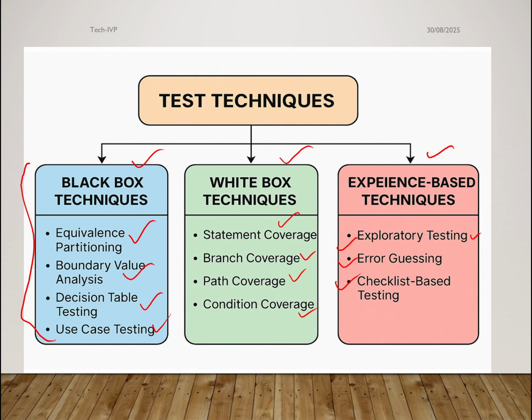So these are the basic three techniques: black box, white box, and experience based. Black box is equivalence partition, boundary value, decision table, and use case. White box is statement coverage, branch coverage, path coverage, and condition coverage. Experience based, not that we have 10 years or 20 years of experience, but experience based.